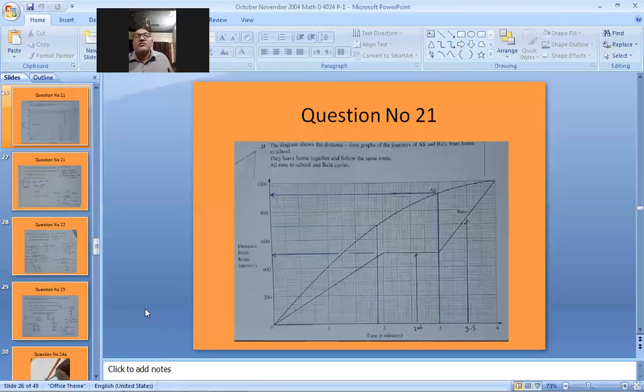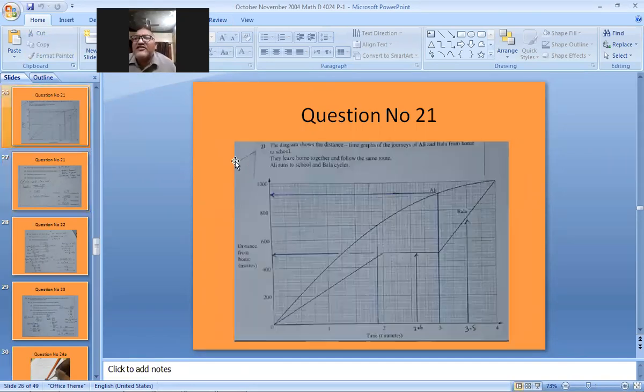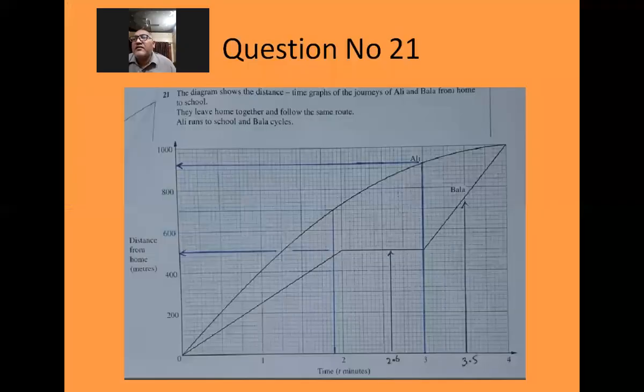Let me read that question carefully. It says find the speed of Bala when the time is 3.5, and that is the D part. I have noted down the answer as 500. Let me check. When the time is 3.5, what will be the speed?